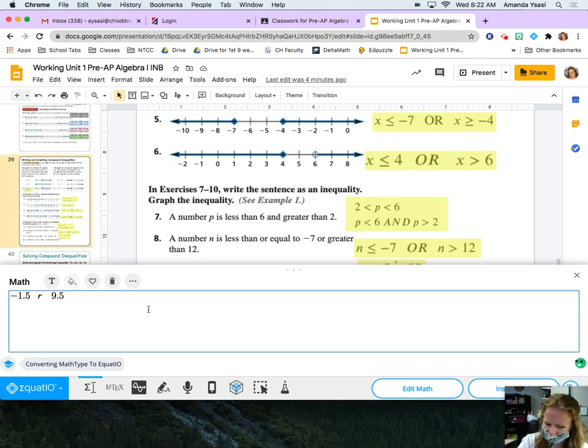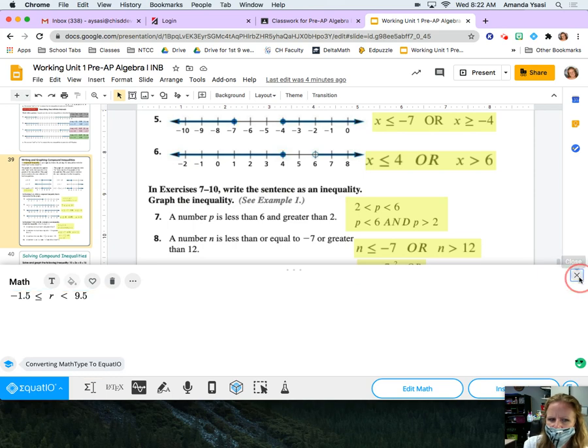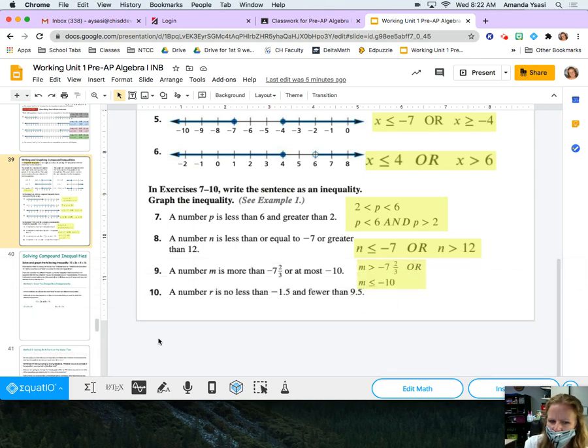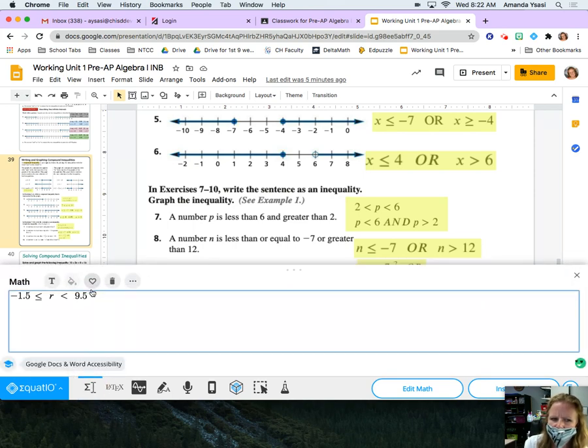So this is less than or equal to. What about the 9.5? Is it less than or equal to? Just less than? Because it says fewer than, so it does not include it.